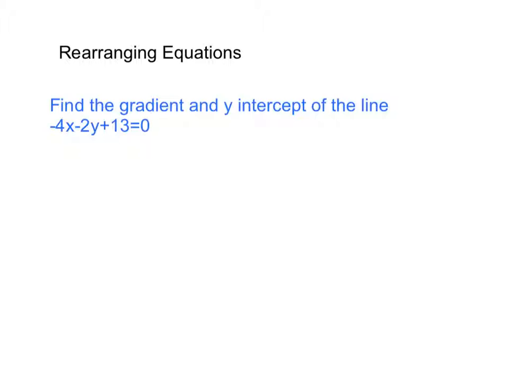Rearranging equations. As I said, sometimes we want our equations in the form y equals a gradient times x plus another number. And we're sometimes given it in this form, so it's just a matter of practicing your algebra rearranging. So I have negative 4x minus 2y plus 13 equals 0.